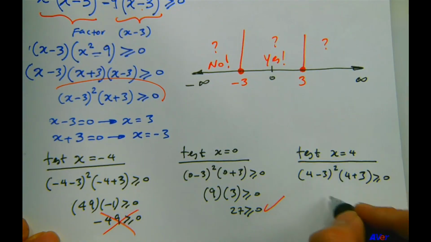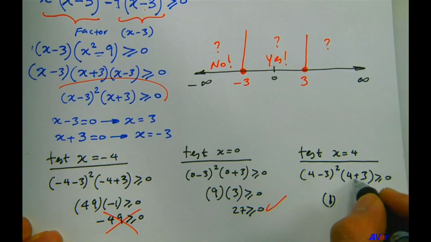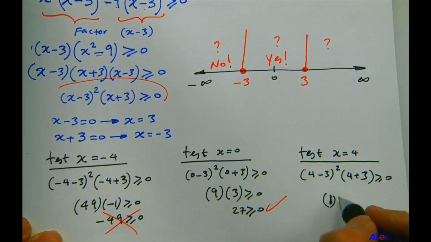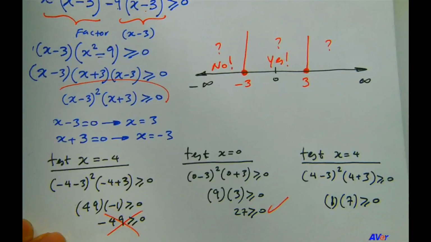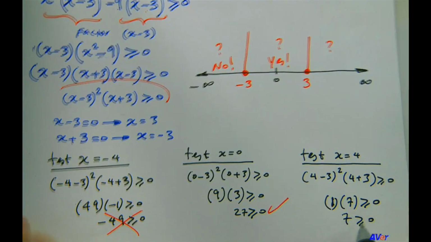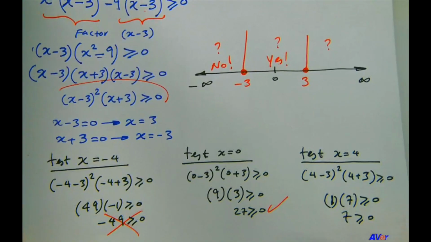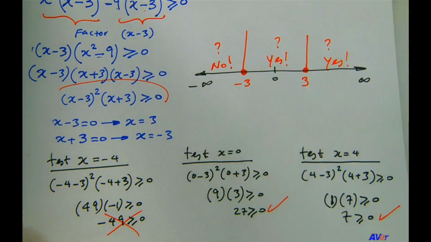Positive 1 squared is 1. 4 plus 3 is 7. Greater than or equal to 0, right? All right, so we have 7 greater than or equal to 0. Is this a valid solution? Yes, right? 7 is definitely greater than 0. So yes, that's also a solution.